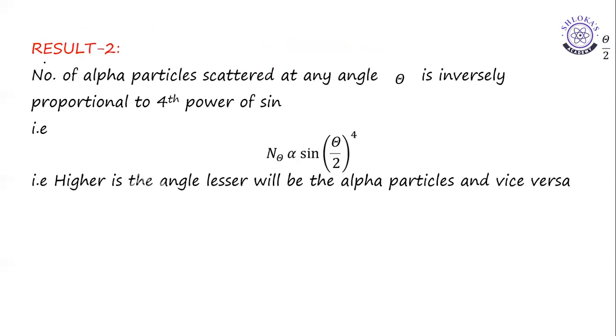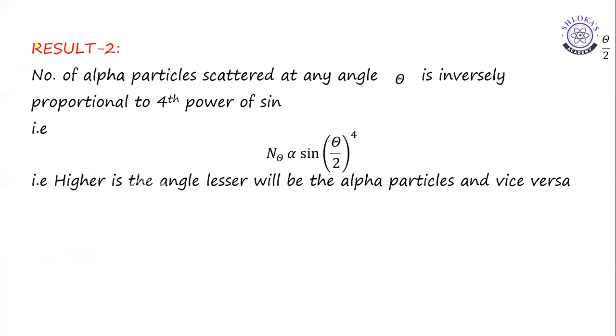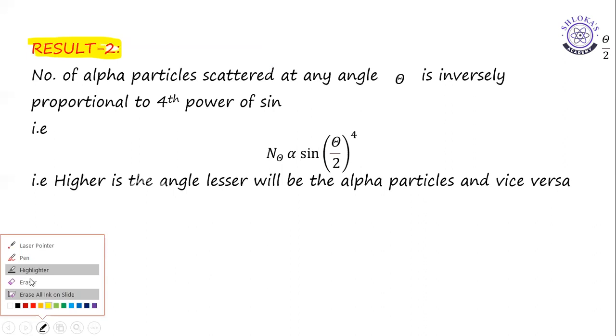Now, result 2, the second result we have to discuss. What is the second result here? Already I told. In the experiment, we have found that there are 3 types of alpha particles. What are those 3 types?